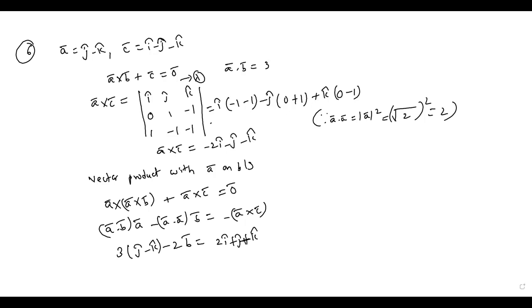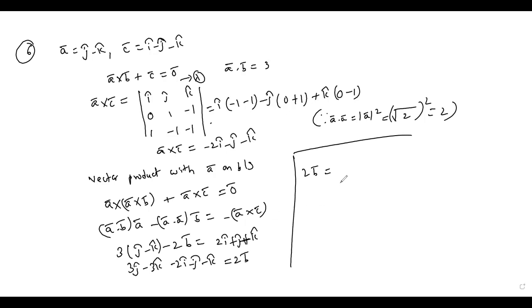Okay. Now we need B bar. That's why I'll interchange both. 3j minus 3k minus 2i minus j minus k is equal to 2B bar. Now 2B bar is equal to minus 2i, 3j minus j that is plus 2j, minus 3k minus k is minus 4k.